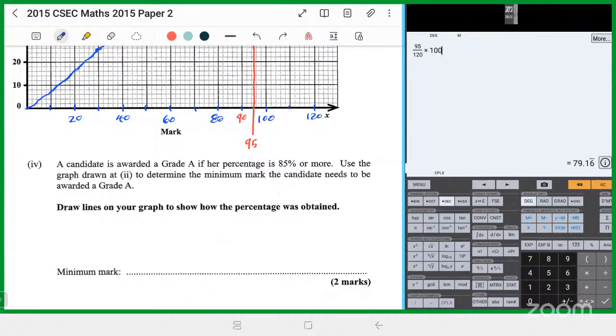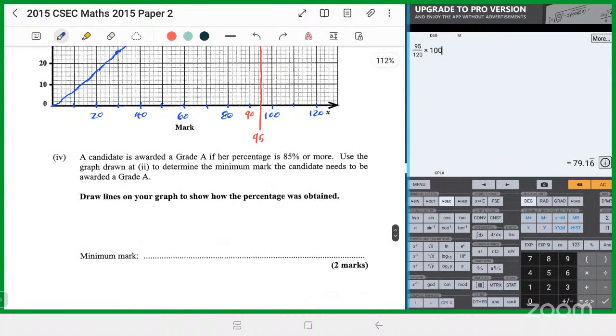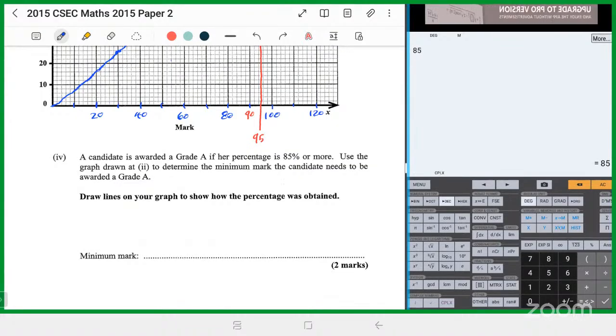Use the graph drawn to determine the minimum mark the candidate needs to obtain a grade A. So you want to get 85% or more, so the minimum mark corresponds to 85%. When I come up on the graph, I can work it out now. I can see what 85% of 120 is. So I say 85%.